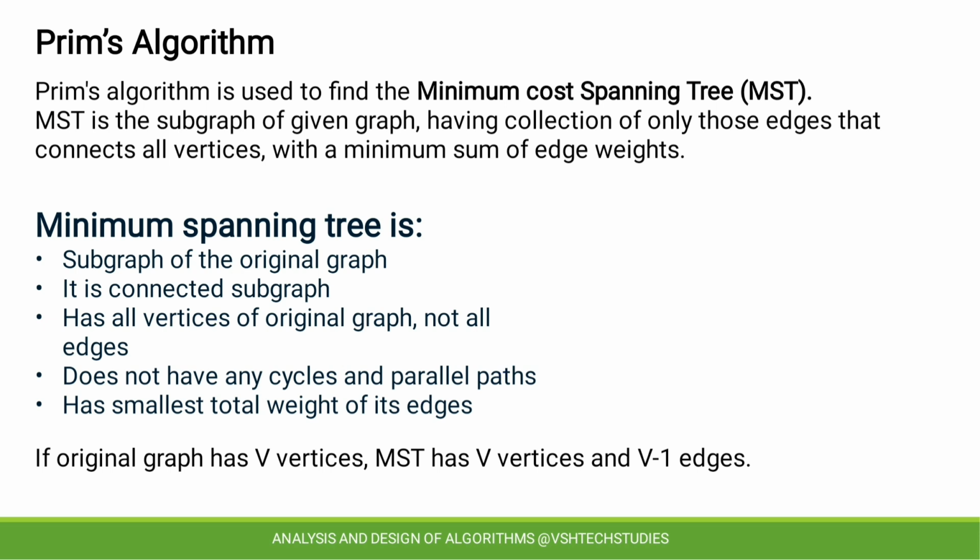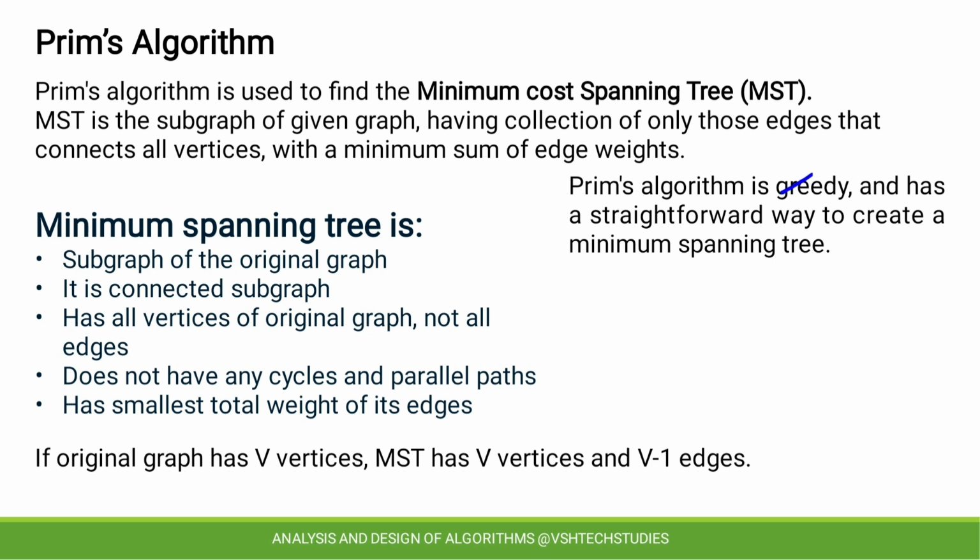If the given original graph has V vertices, the minimum cost spanning tree will have V vertices, that is, all the vertices of the original graph. But it will have V minus 1 edges. Prim's algorithm is a greedy algorithm and has a straightforward way to create the minimum cost spanning tree.